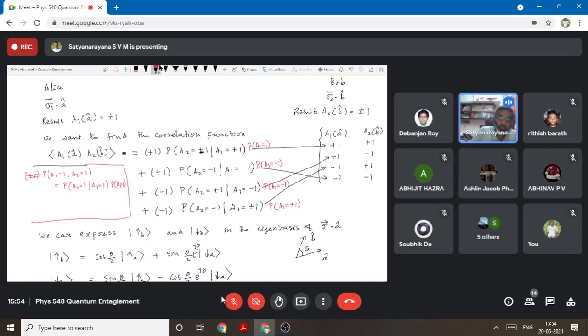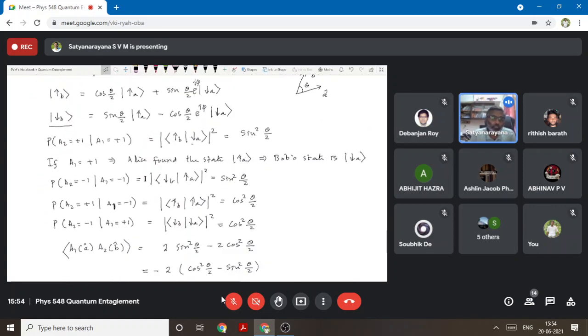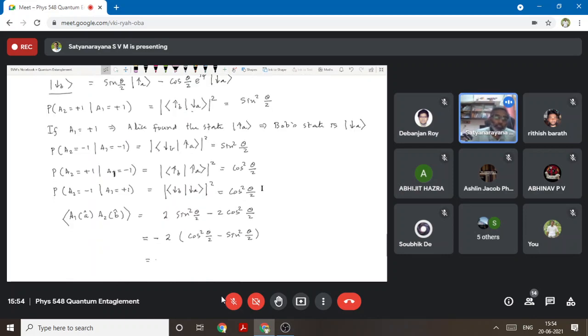And all these quantities are half, half, half, because from the wave function, you know that the probability of up is half and of down is half. So this is correct, but then there is an overall half coming because of that probability, and that half will cancel with this 2. So I have minus cos square theta minus sin square theta. This is nothing but minus cos theta.